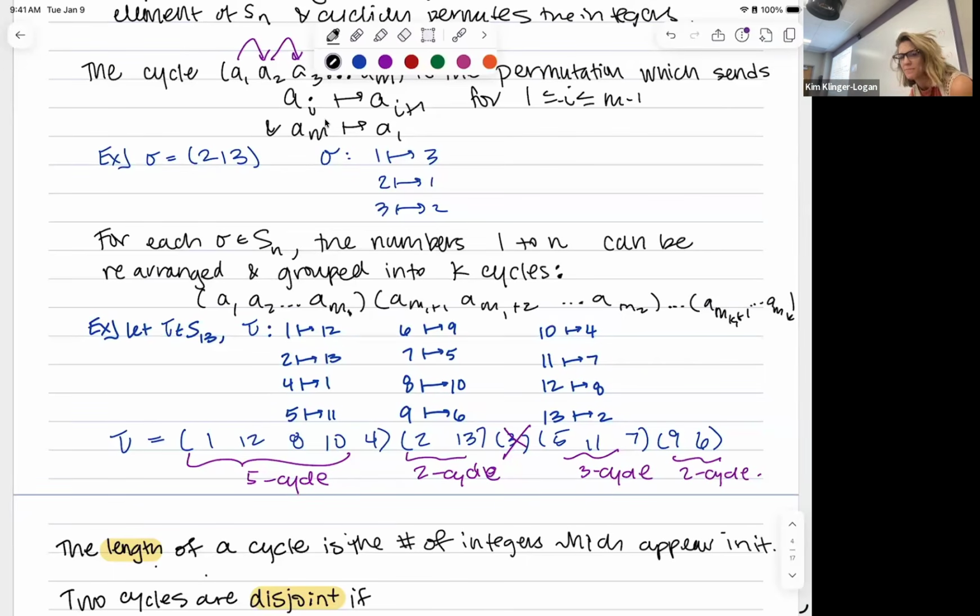So the lengths are 5, then 2, then of course 1, I guess, but 3 and 2.